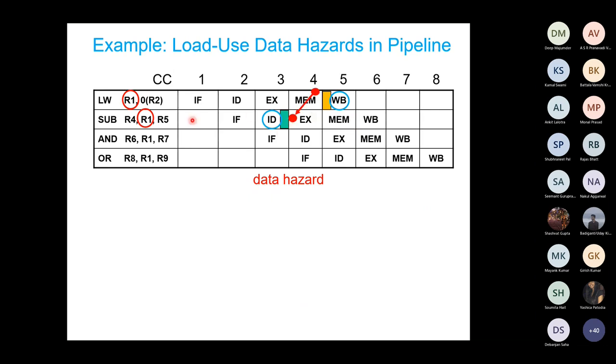If you don't have anything, ideally this data would be available here and you want to read it here. Even if you have forwarding hardware, it is available here, but you require it here, backward in time. That is not possible because the data would be available in the future.